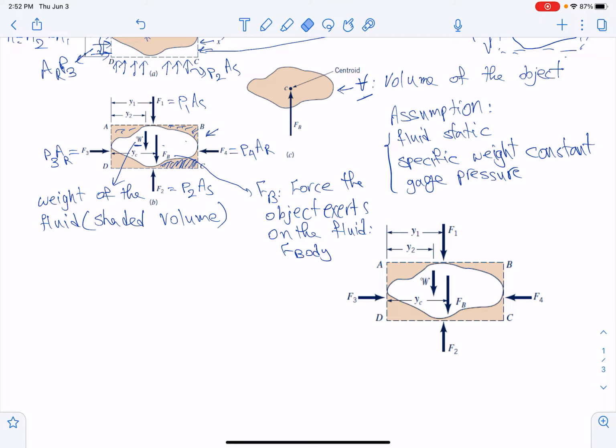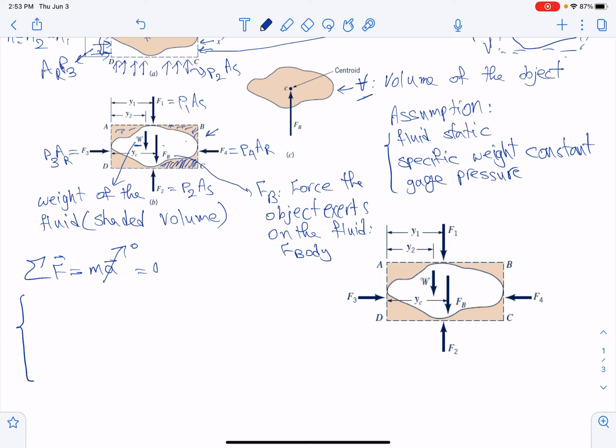Sigma F equal to ma, and we know that this is fluid statics, so this is going to be 0, so the whole thing is equal to 0.